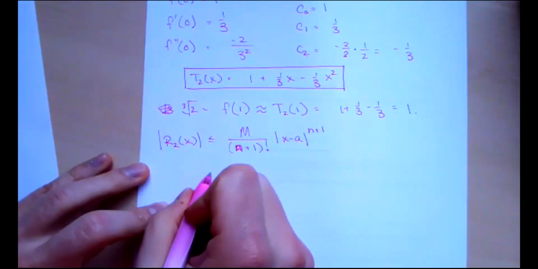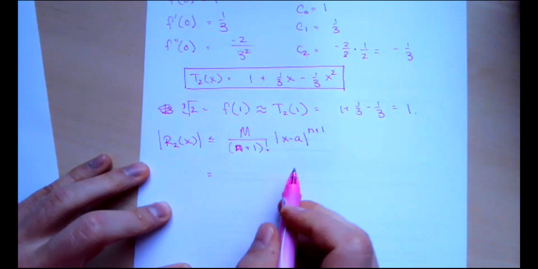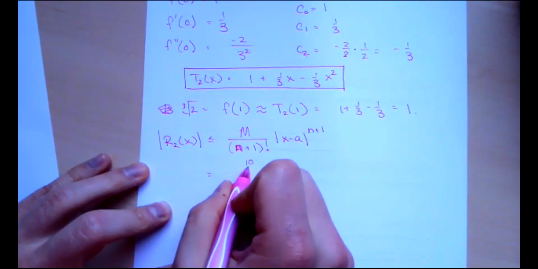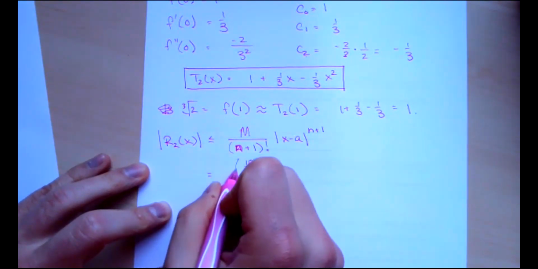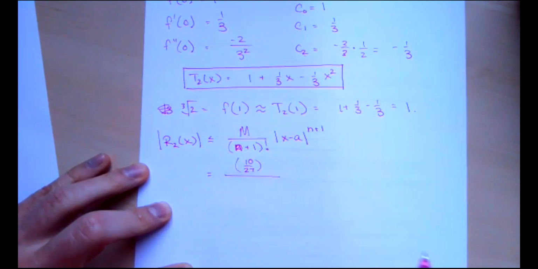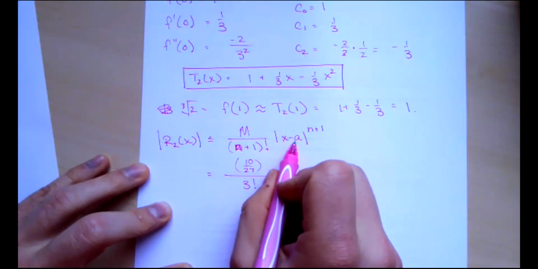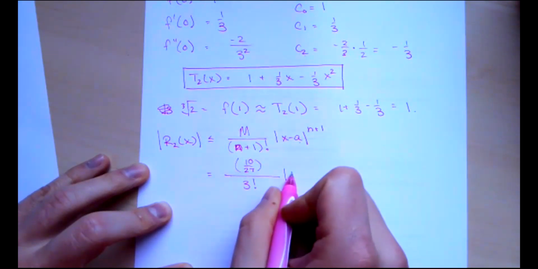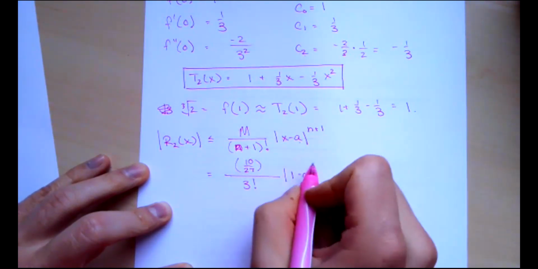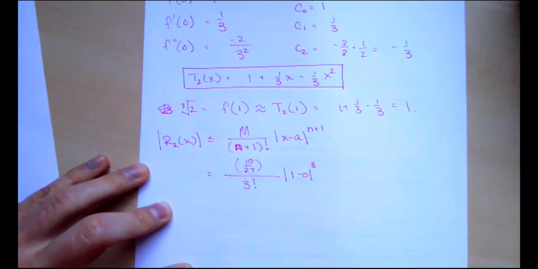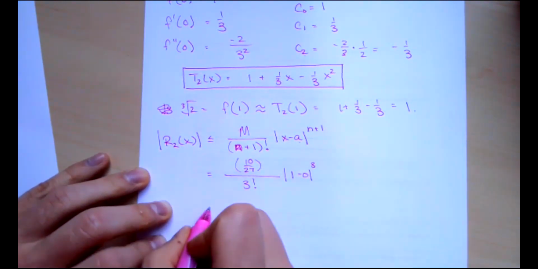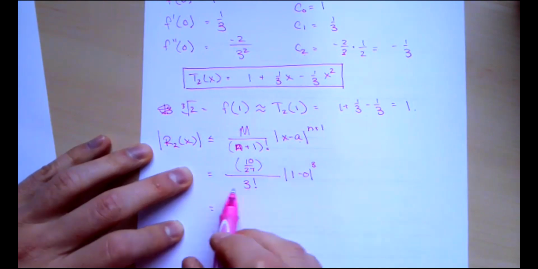So we want to fill in all the values there. So our m was 10 over 27. And then our n was 2. So 2 plus 1 gives me 3 factorial. X minus a, nicely enough, is just going to be 1 minus 0. And so that'll just give me a 1 cubed. So what is our error?